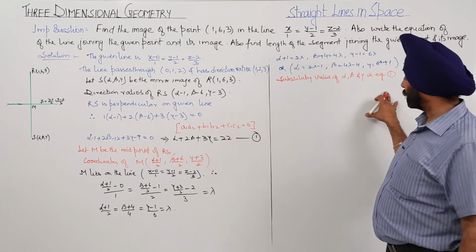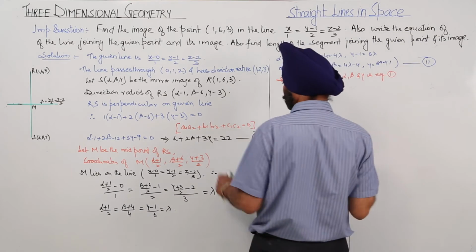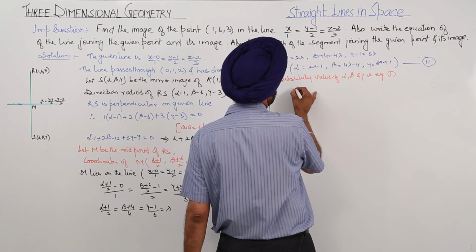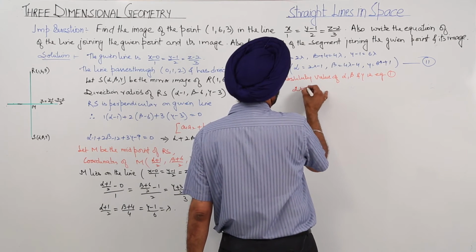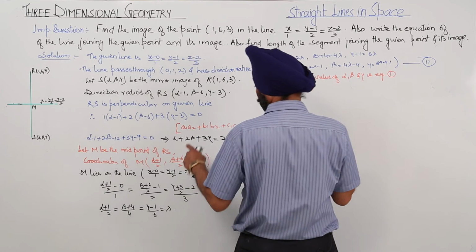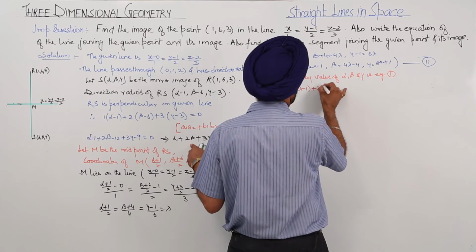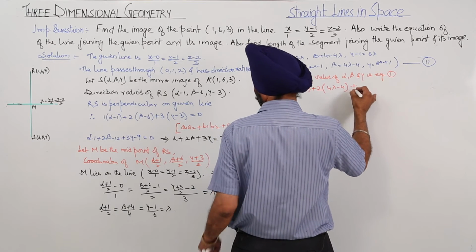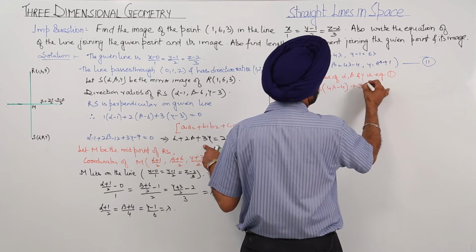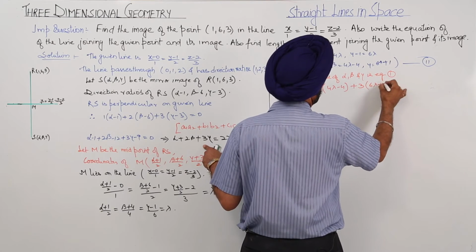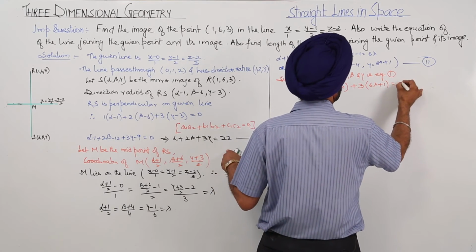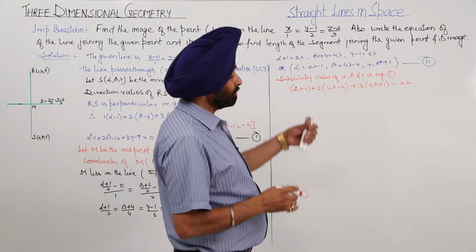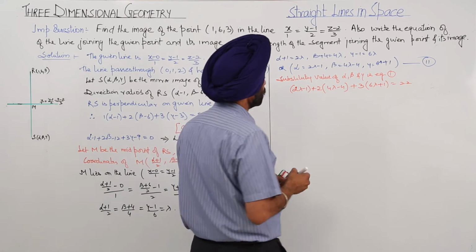Now equation 1 becomes 2 lambda minus 1 plus twice of 4 lambda minus 4 plus 3 times of 6 lambda plus 1 is equal to 22. On solving this one, we will get the value of lambda.